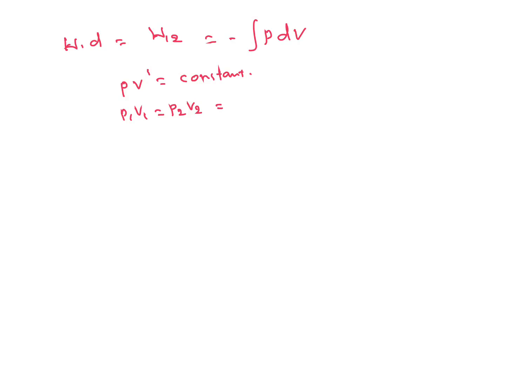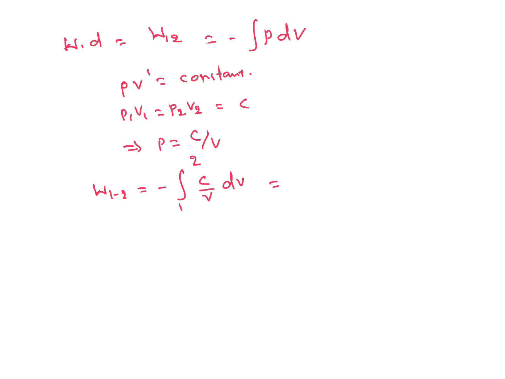So work done, W1 to 2 process, is minus integration of PdV. For an isothermal process, PV to the power 1 is constant. P1 V1 equal to P2 V2 equal to C is the constant, and P equal to C by V. Put the value of P. W12 is minus integral of C by V dV from 1 to 2.